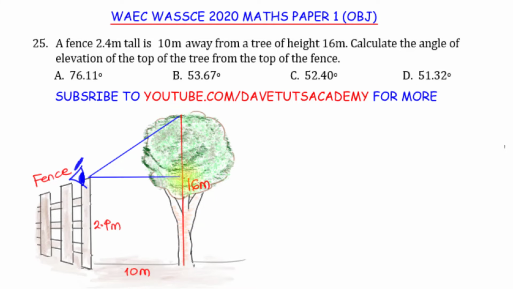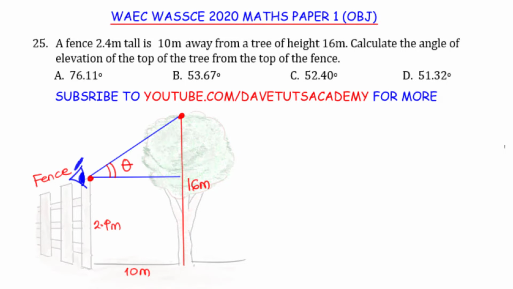So now looking at this, we are to calculate the angle of elevation of the top of this tree, but from the top of the fence. This is the top of the fence, and this is the angle that we're asked to find. Let's call that theta. I want to tone down this particular diagram so that we can see our information clearly, okay.